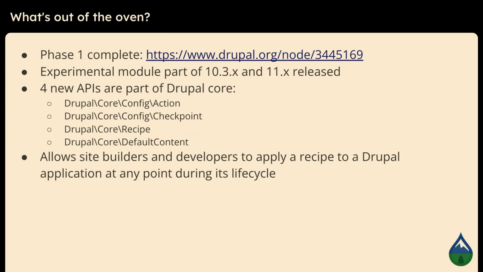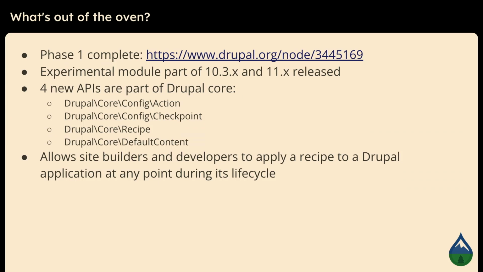That basically gives us 4 new APIs in Drupal core, our config actions, which is what recipes use to act on a piece of configuration. So you could say things like, if this content type exists, or if this config exists, then configure it like so.